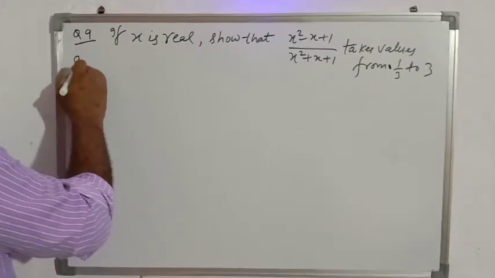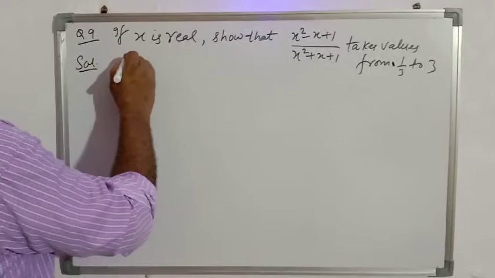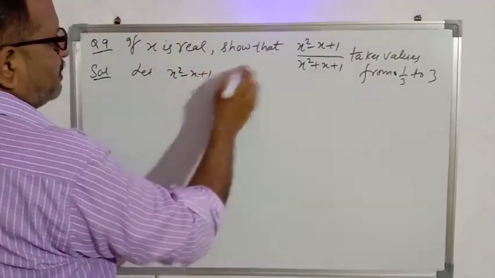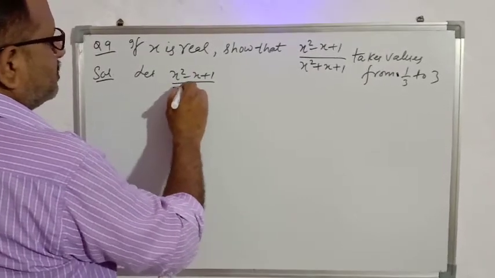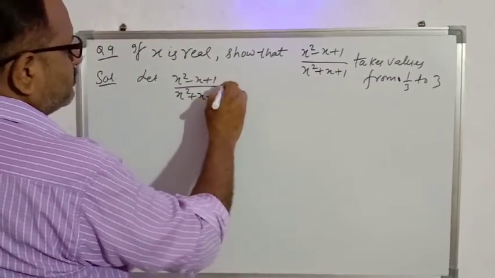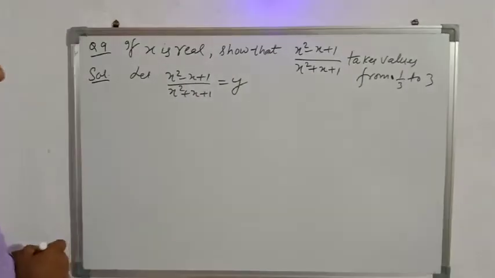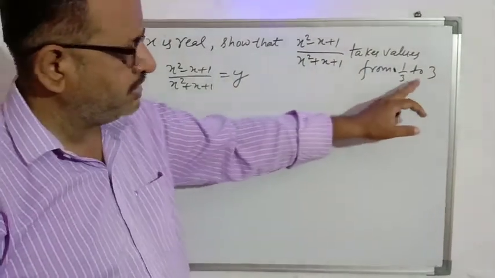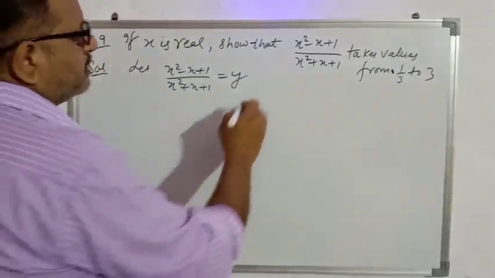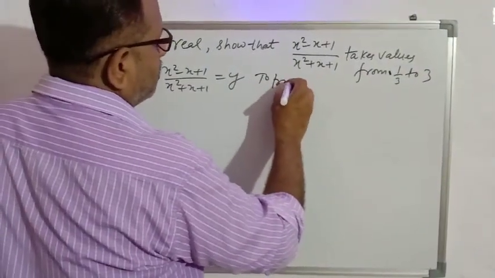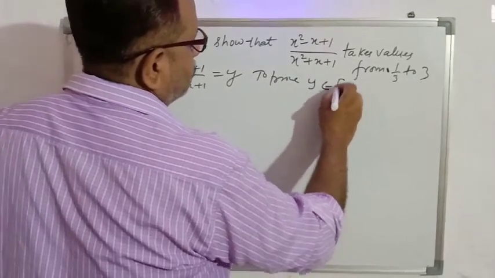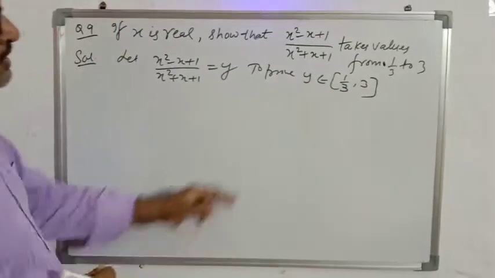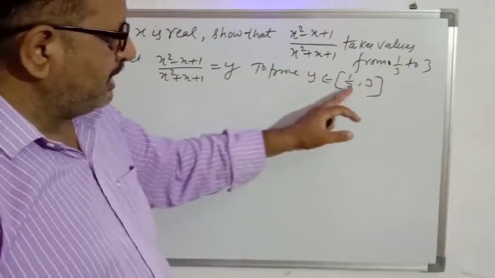So see the solution. Let (x square minus x plus 1) upon (x square plus x plus 1) be equal to y. We have to prove that the value of y lies from 1 by 3 to 3. Means we have to prove y belongs to 1 by 3 to 3. This result we have to prove, means y lies in this interval.